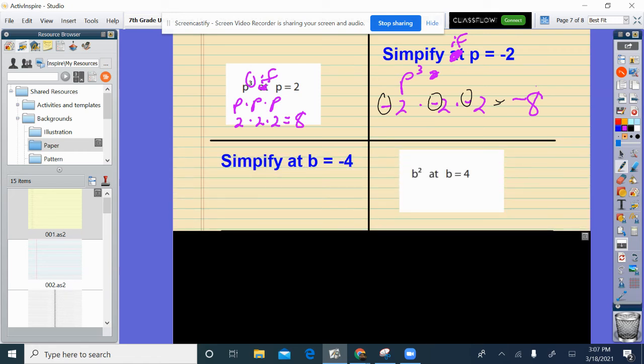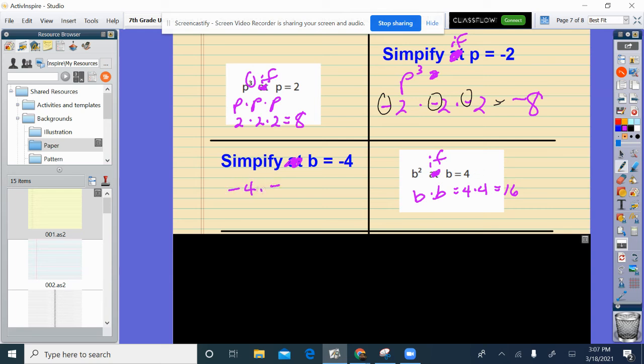So the trick here really is just paying attention to what they give you and what they are asking for. So in here I have this one first, b squared, if b equals 4. Well, that's b times b, which would equal 4 times 4, which would equal 16, also known as a perfect square. So then what would that be if it was negative 4?